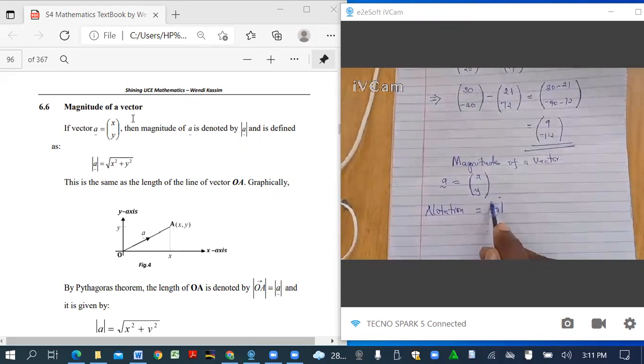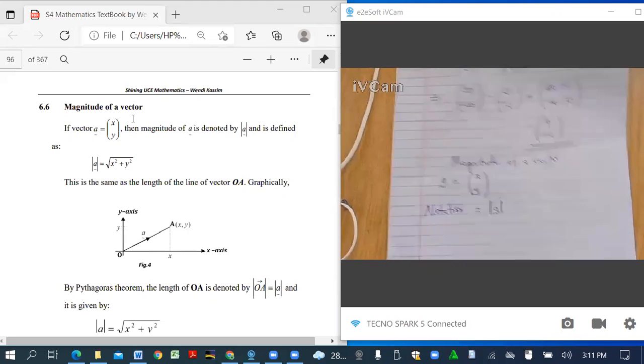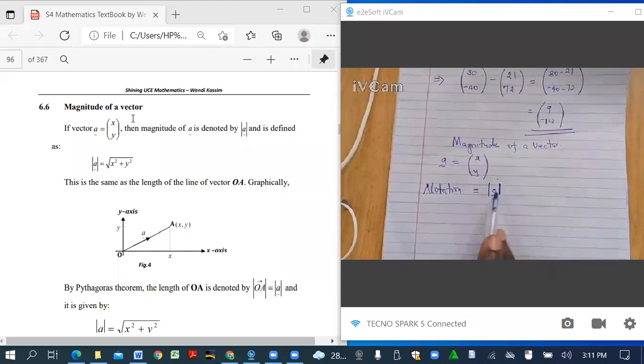When you see these two bars, this stands for the magnitude of vector A. Are you together?